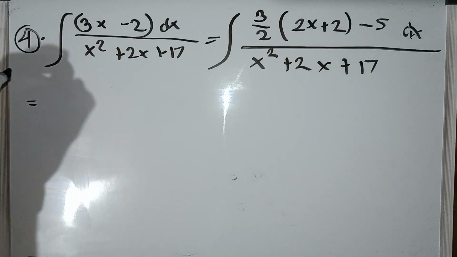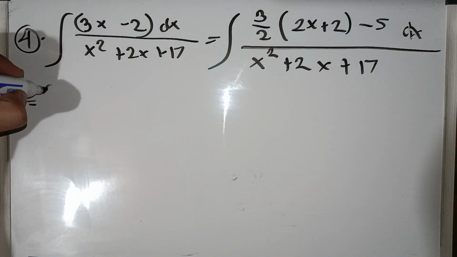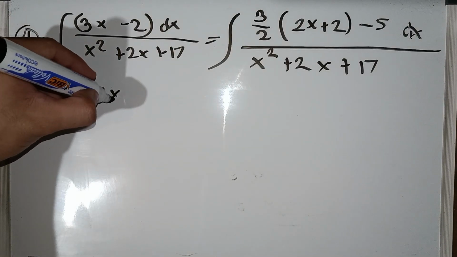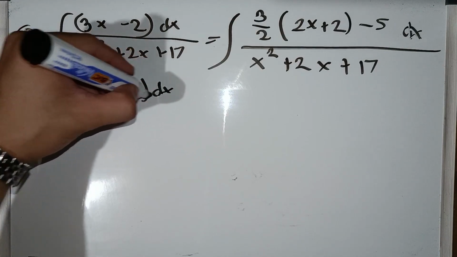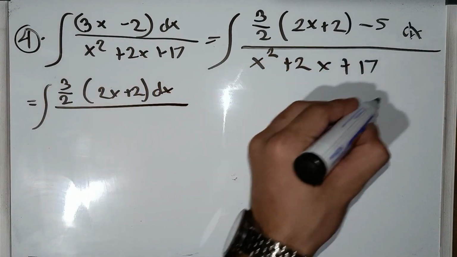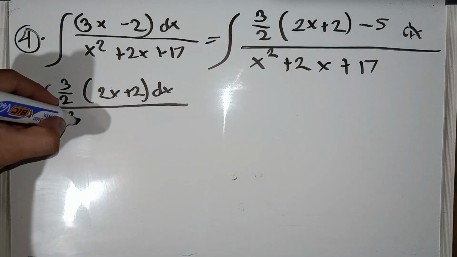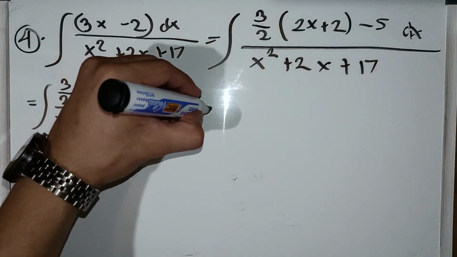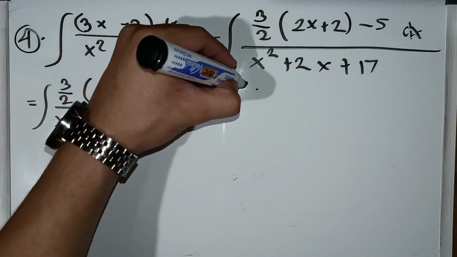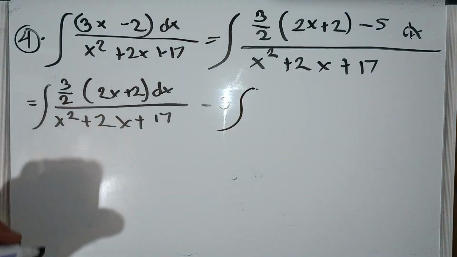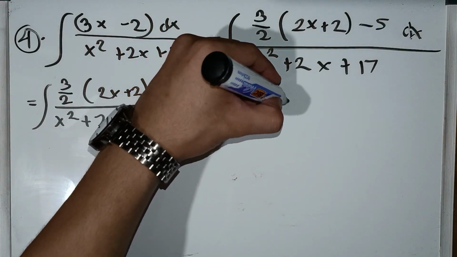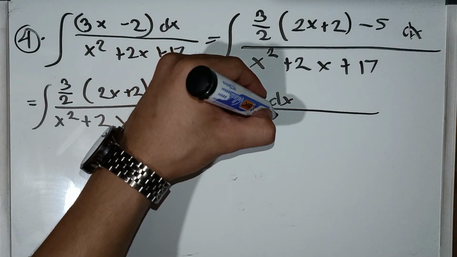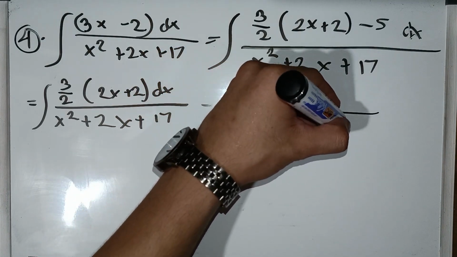So the integral of 3 over 2 multiplied by 2x plus 2 dx all over x squared plus 2x plus 17, minus, since it is a constant, 5 times the integral of dx all over x squared plus 2x plus 17.